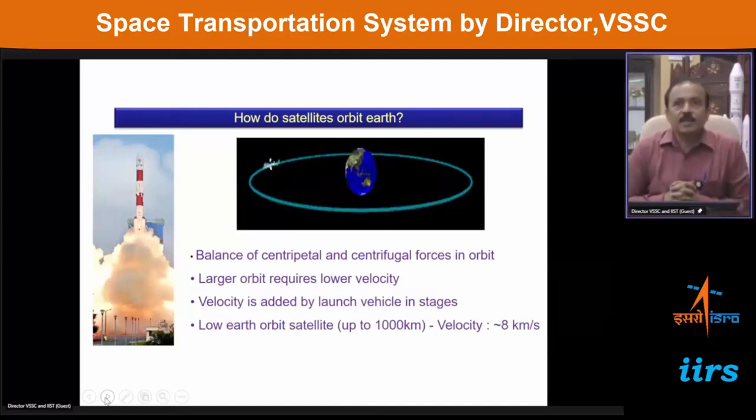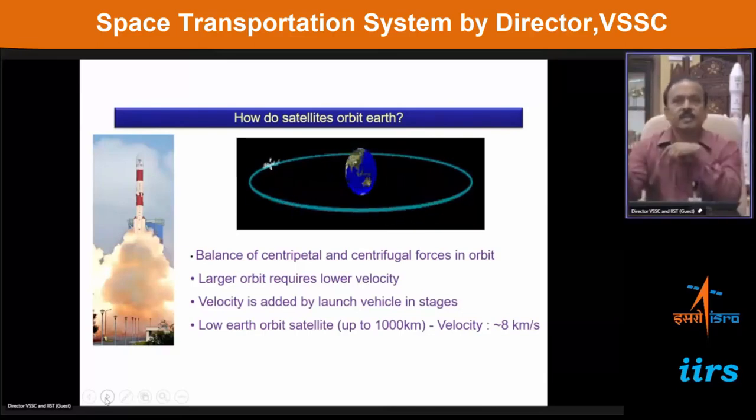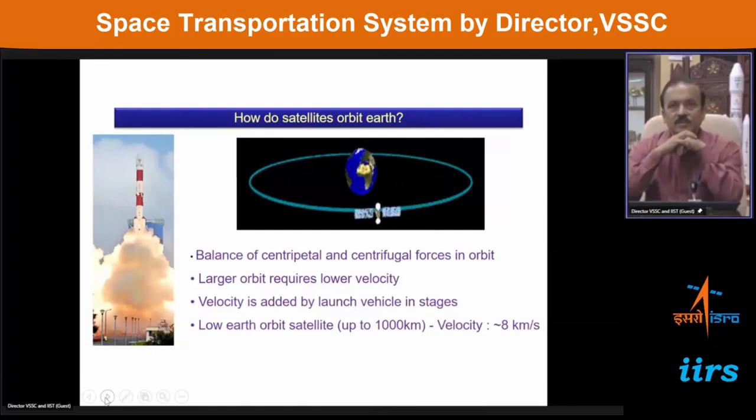A satellite at a particular orbit is like a stone on a string, which you probably would have tried. If you want to make it horizontal, you have to give a minimum velocity. And if the string length is more, apparently the velocity needed is less. Like that, for a given orbit you need a velocity.